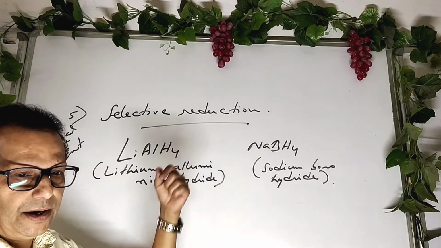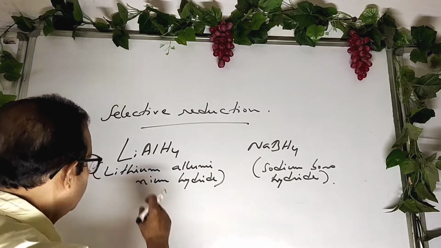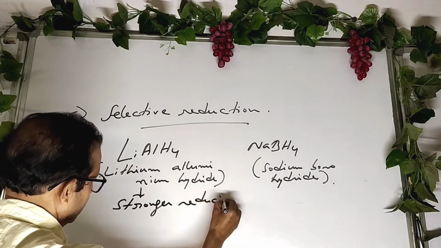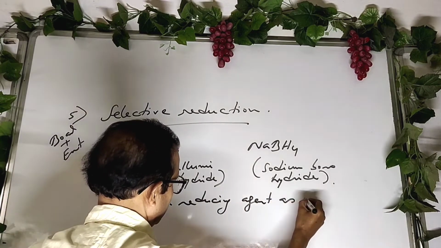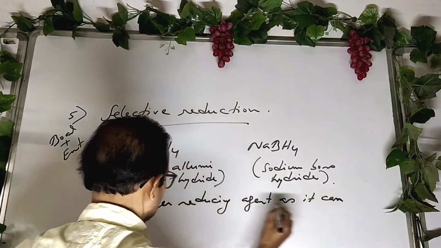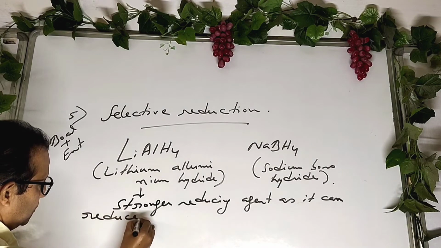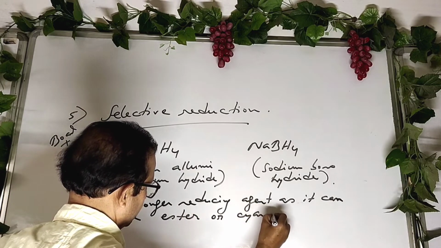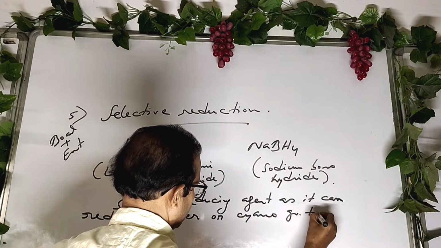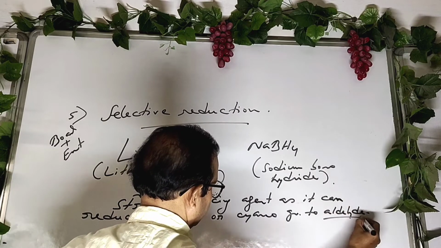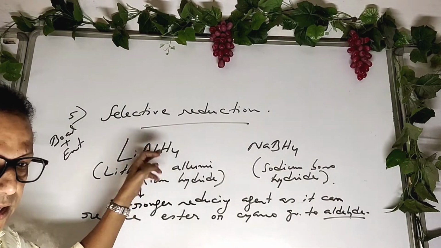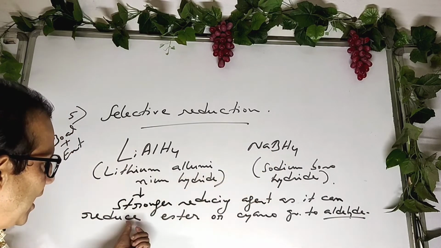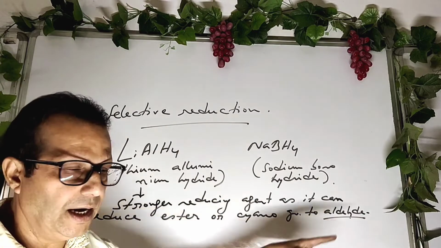Yes, lithium aluminium hydride is the stronger reducing agent than sodium borohydride, as lithium aluminium hydride can reduce ester or cyano group to aldehyde.